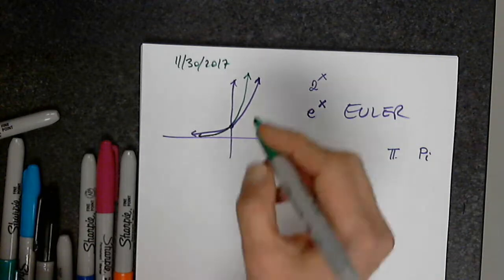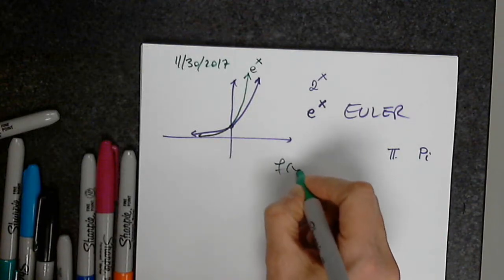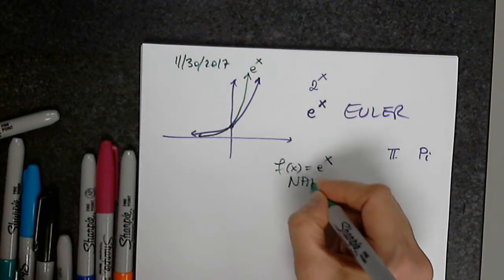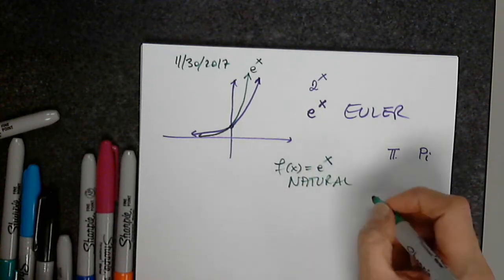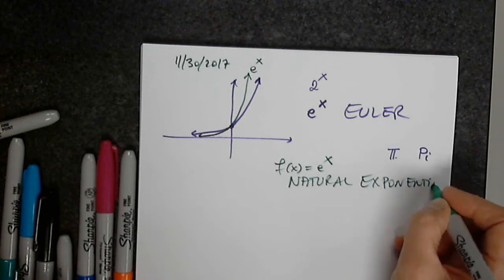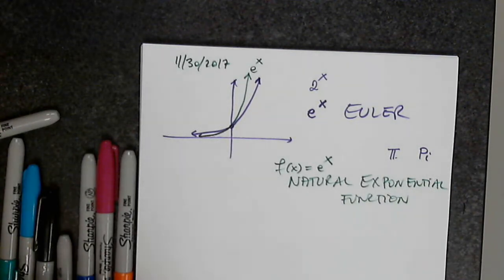We're going to graph all these in a minute with a graphing calculator. This function f of x equals e to the x is called the natural exponential function. Natural, as I said, because it appears in real life models frequently.